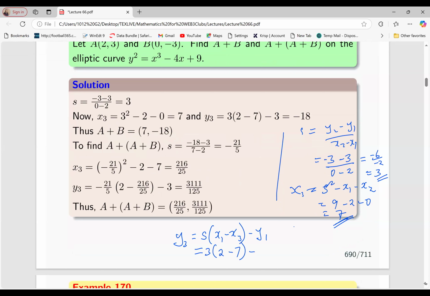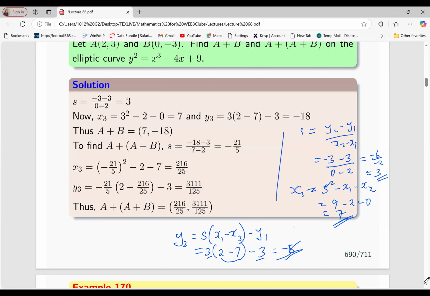Y1 was 3. So this bracket gives you -5. Multiplied by this, you have -15. Then minus this, you have -18. This is our y3.